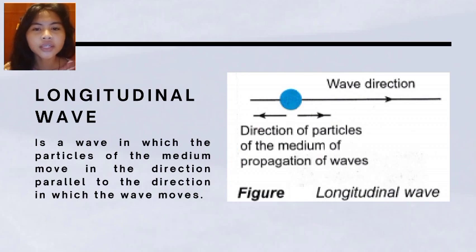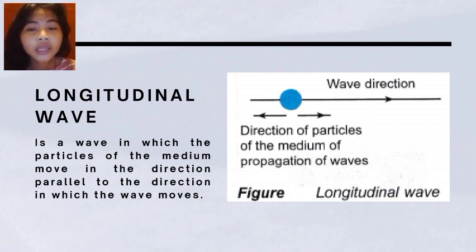A longitudinal wave, on the other hand, is a wave in which the particles of the medium move in the direction parallel to the direction in which the wave moves. In transverse waves, the particles of the medium move perpendicular to the direction of the wave.